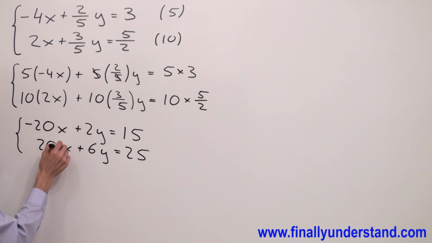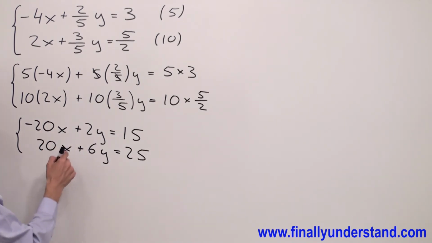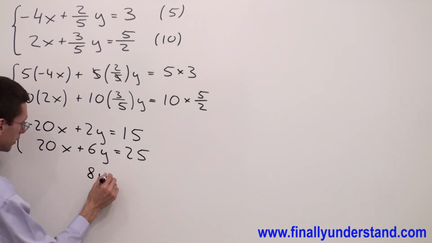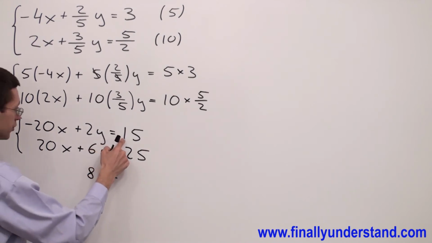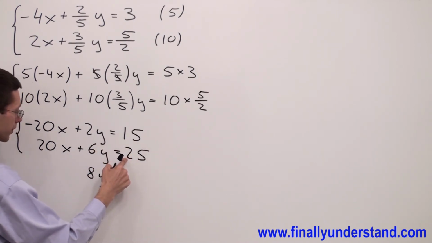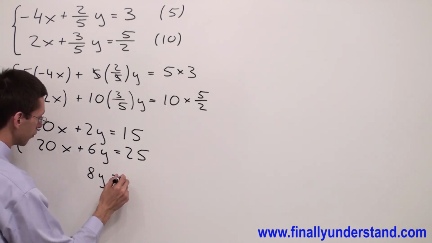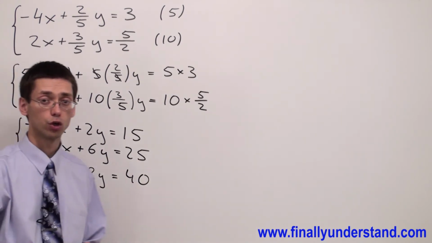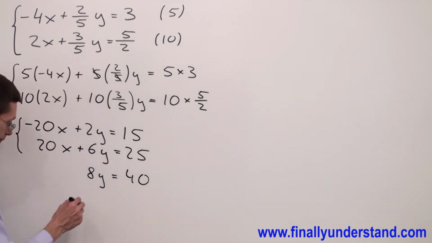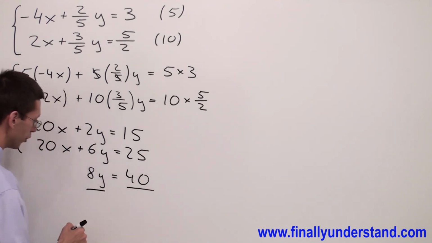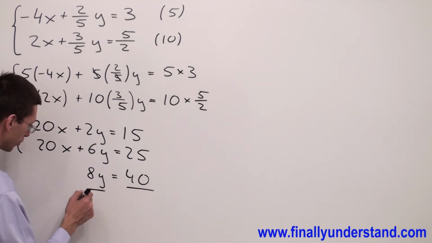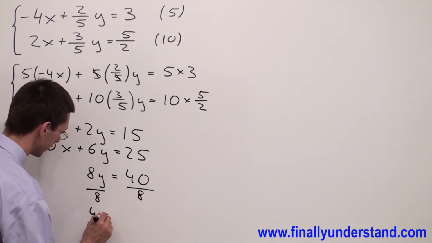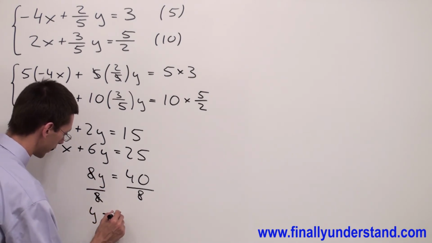I'm going to eliminate my x variable. 2 plus 6 gives me 8y, and this is equal to 15 plus 25, which is equal to 40. In order to find the y coordinate, I'm supposed to divide both sides of my equation by whatever is multiplied to y, divided by 8. So my y coordinate is equal to 5.